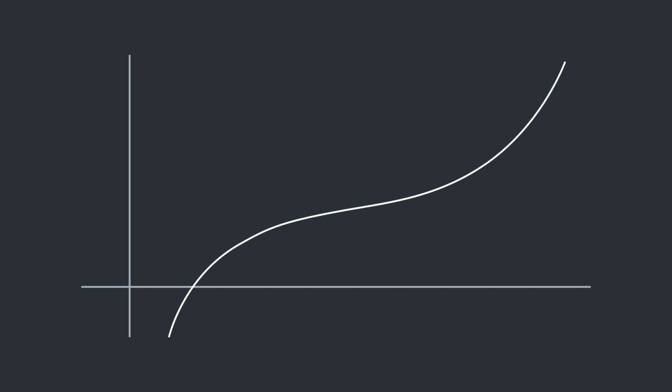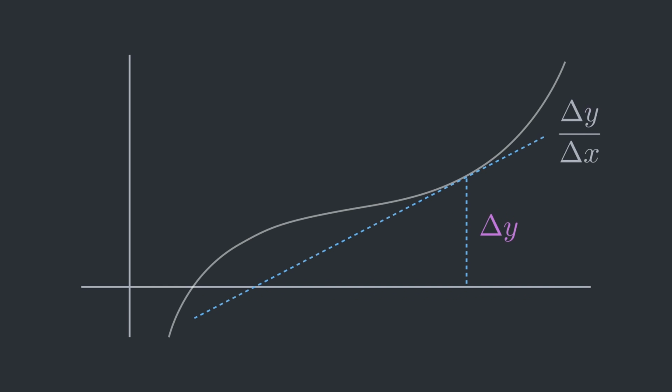The only things Newton's method needs is the function and its derivative, and what Newton's method does is that it takes an x value and tries to guess by how much it is off from being a root. It does so by calculating f of x and its derivative. We can write f of x as y and the derivative as dy over dx.